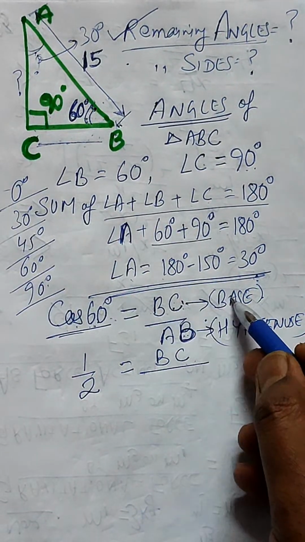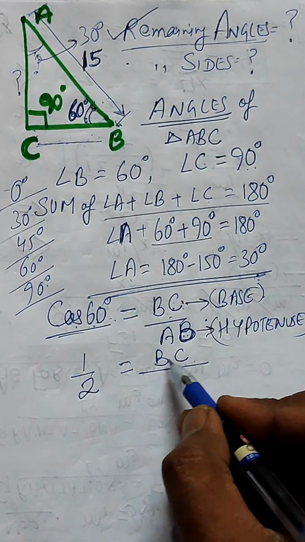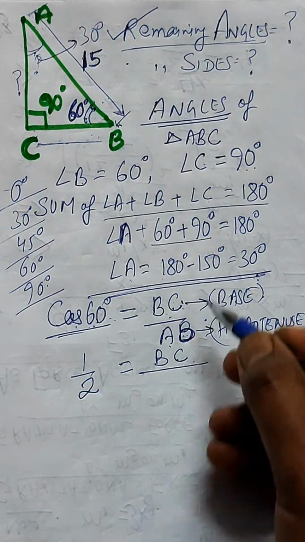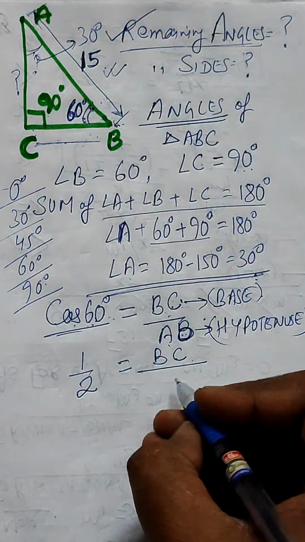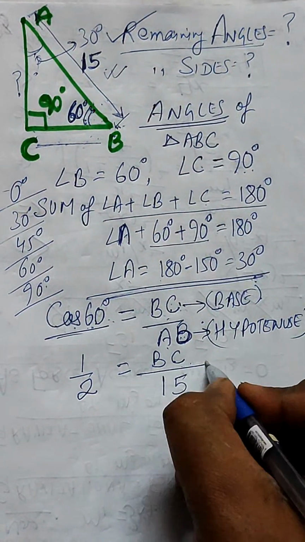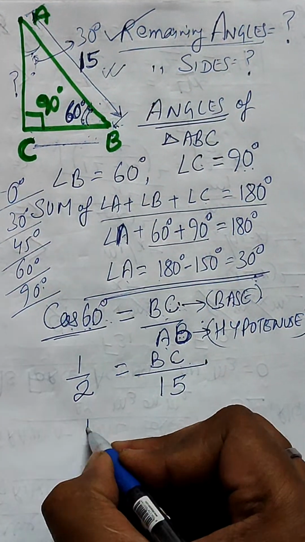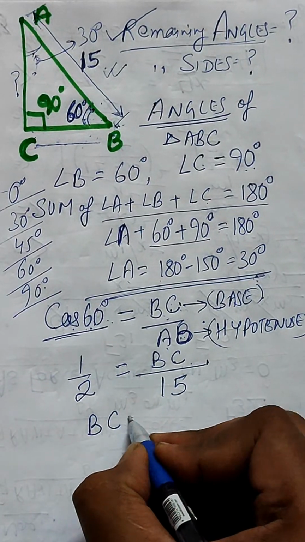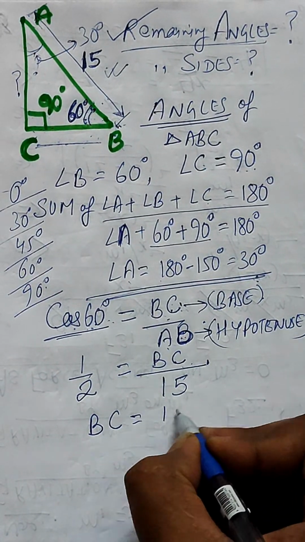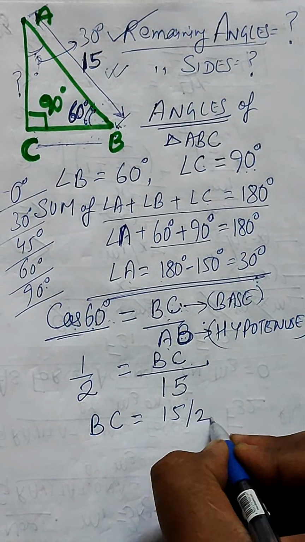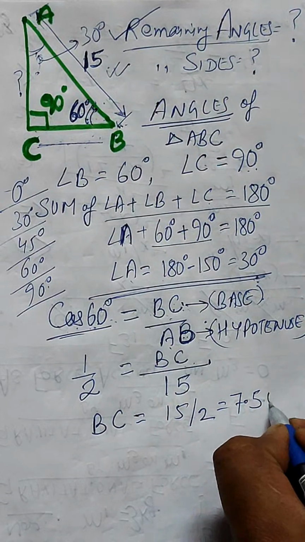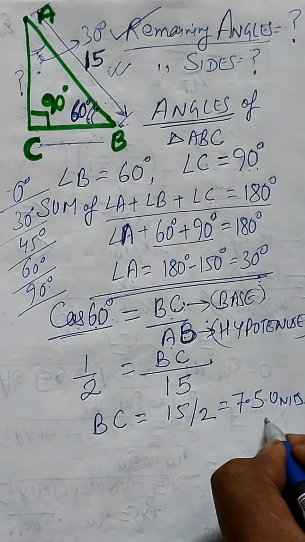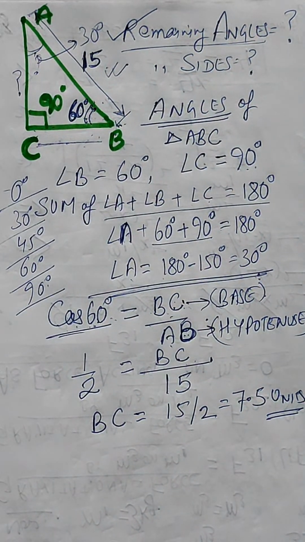So here BC will be the base. We do not know the value of BC, and in place of AB, just put in the value of 15 as given in the question. So this will be 15. In this way, the value of BC is calculated as 15 by 2, which will be 7.5 units, right?